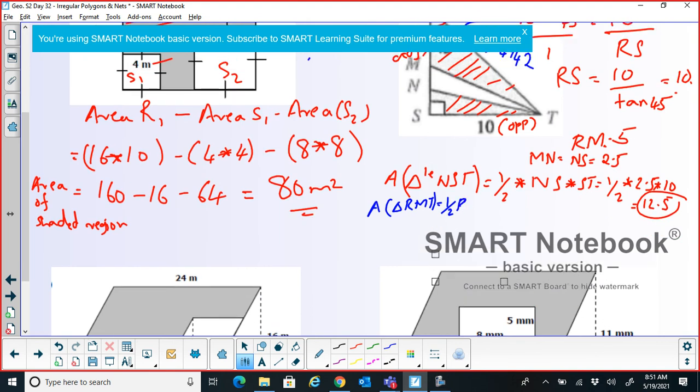Half of RM times RT times sine 45 degrees.